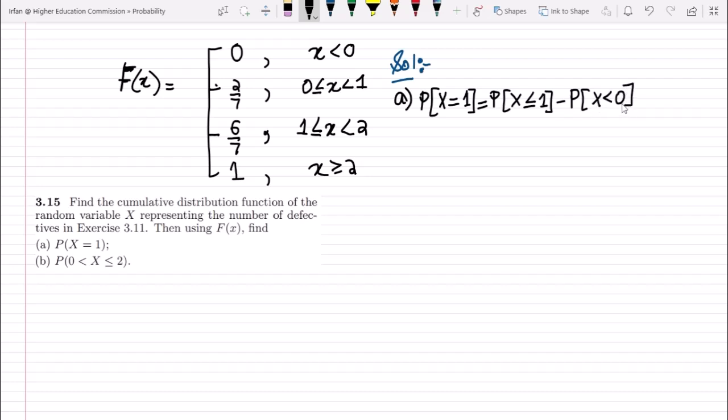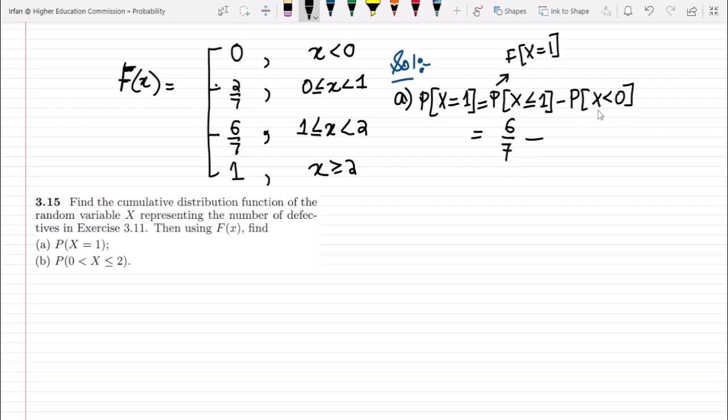Now, to find the values here, we have the value of probability that is already given, which is 6 by 7. This is the value at F(x) equal to 1, which is 6 by 7.